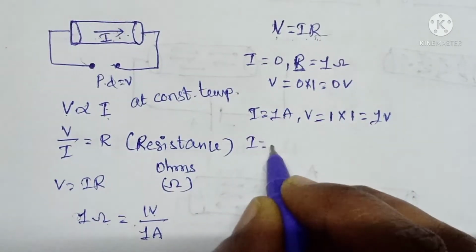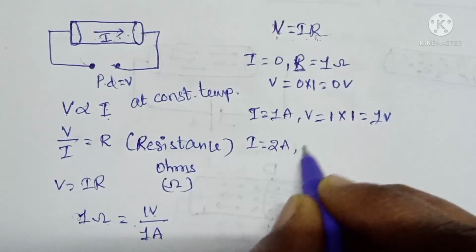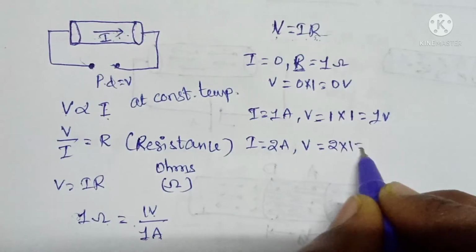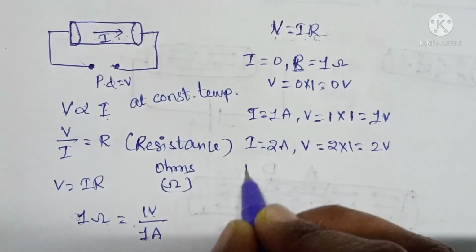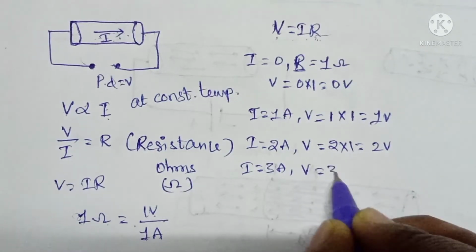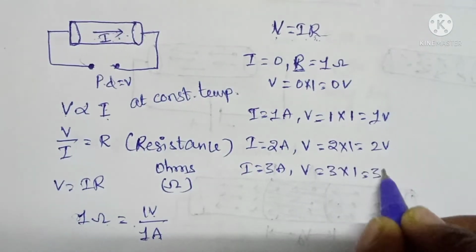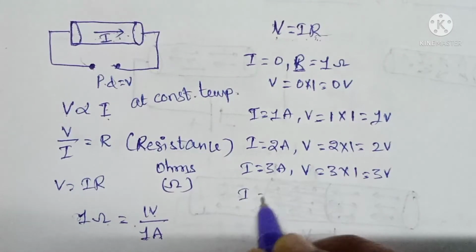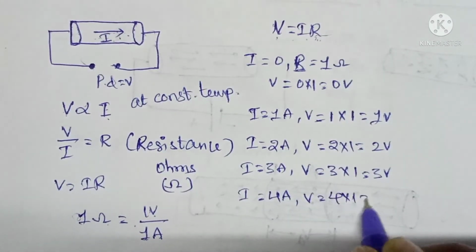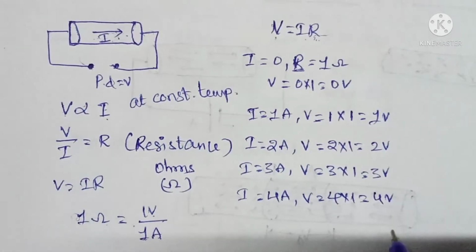When the current is 2 amperes, the potential difference is 2 into 1, which is equal to 2 volts. When I is equal to 3 amperes, V is equal to 3 into 1, which is equal to 3 volts. When I is equal to 4 amperes, V is equal to 4 into 1, which is equal to 4 volts.